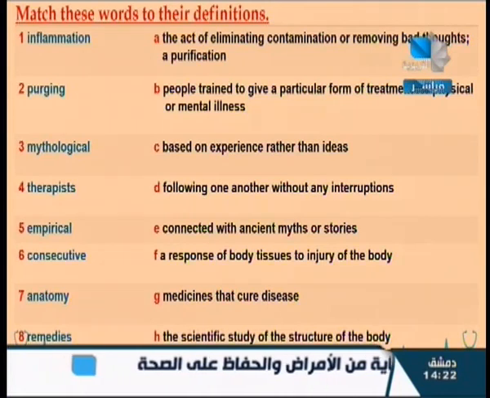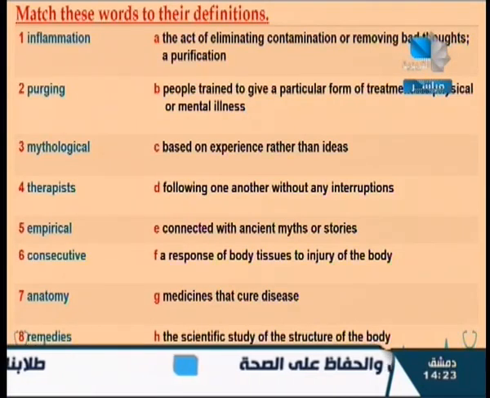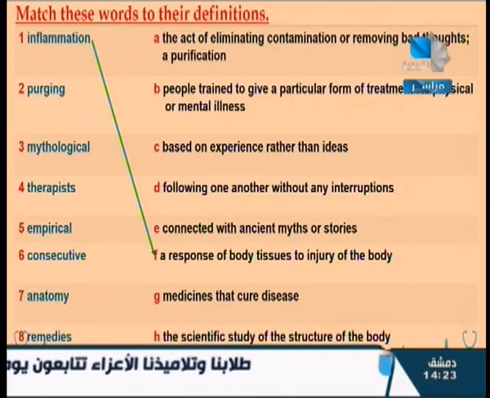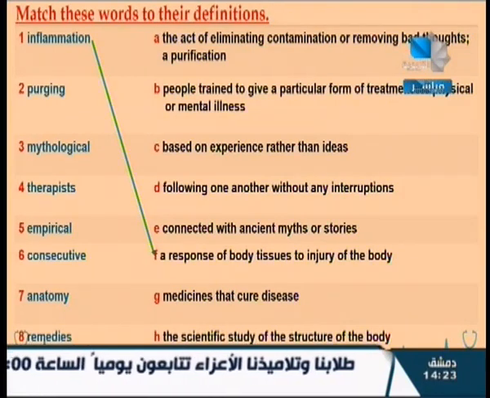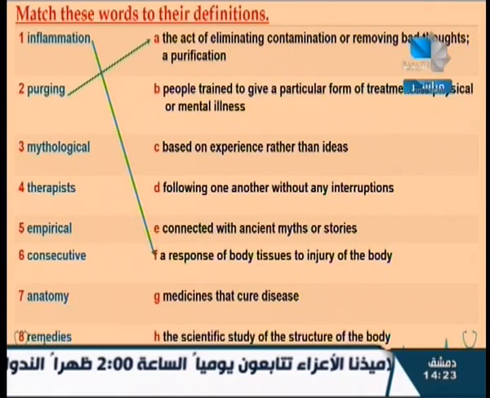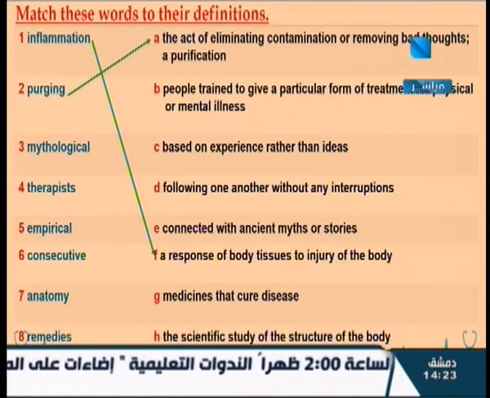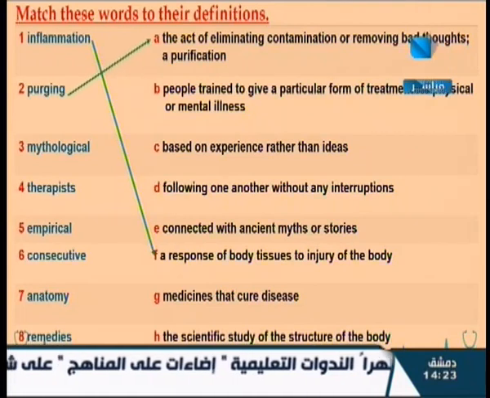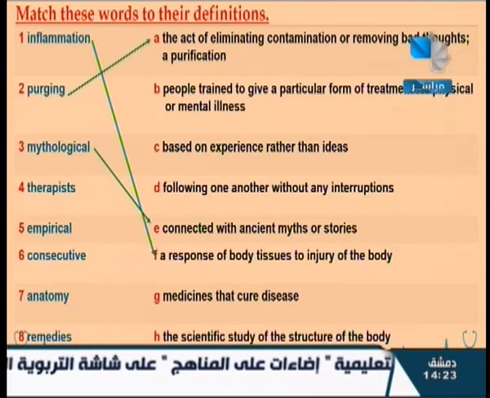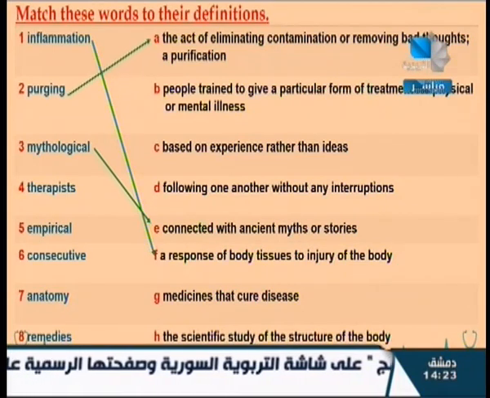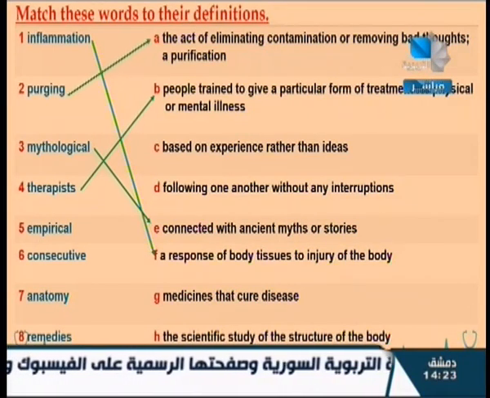Purging is the act of eliminating contamination or removing bad thoughts, or purification. Mythological means connected with ancient myths, stories. Therapists are people trying to give a particular form of treatment for physical or mental illness.